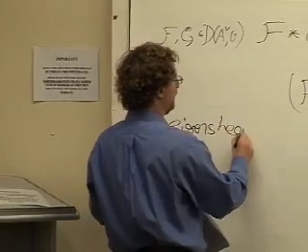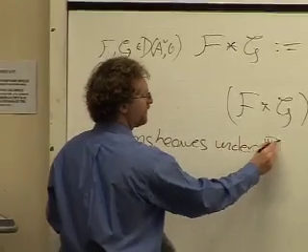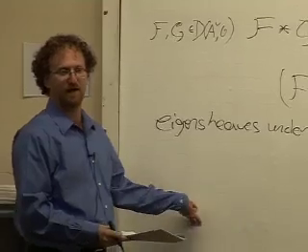What happens to eigensheaves under Fourier transform? Well, you already know the answer because I told you eigensheaves are the same as characters. But let's see it in a different way.